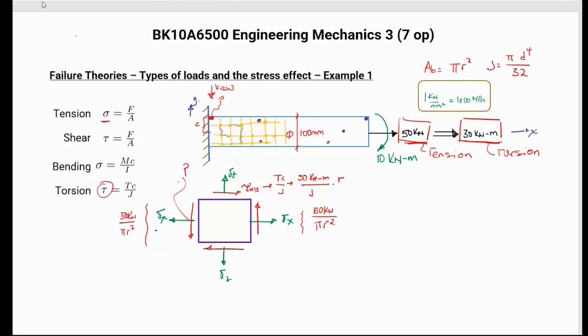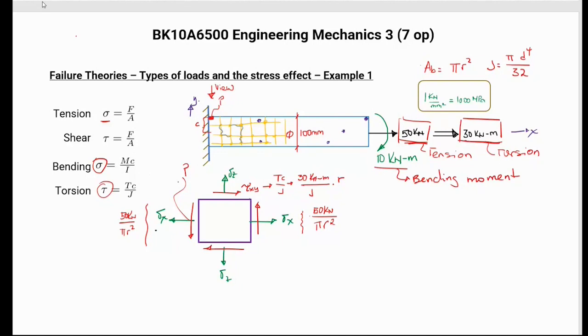Then you have the bending moment. The bending moment is going to produce a normal stress in the part. And where?